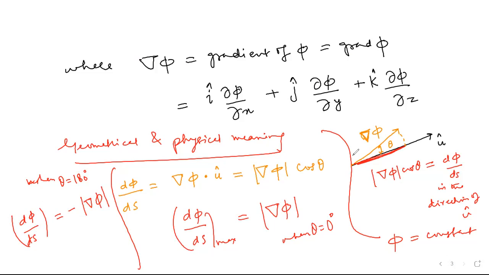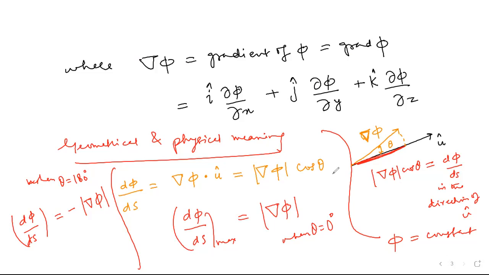That means if you move in the direction of gradient of phi, directional derivative will have maximum value, and if you move in a direction opposite to the gradient of phi, directional derivative has minimum value.